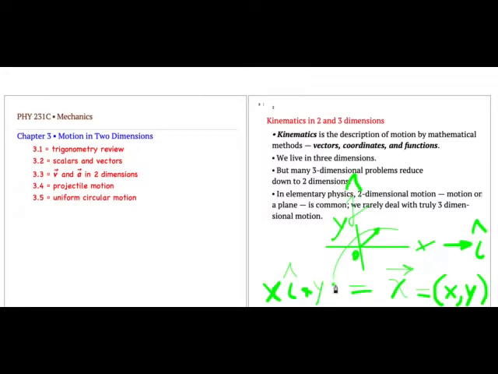It's the number x, a number with a unit, some number of meters, let's say, times a unit vector which points in the direction of x, plus a different number, y, times the unit vector in the y direction. So we could write the vector in this form, or we could just write it as a list of the x coordinate and the y coordinate. We use both of these notations.